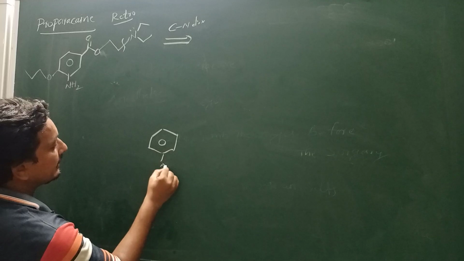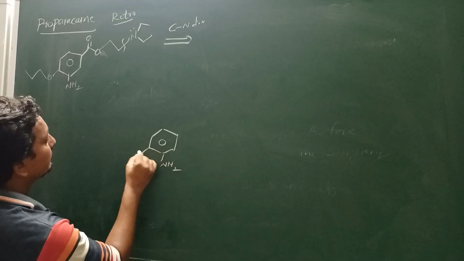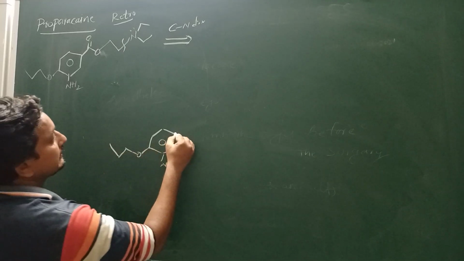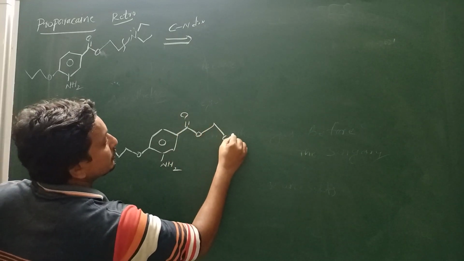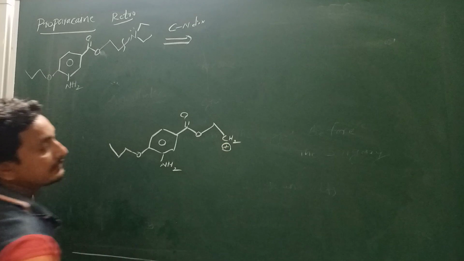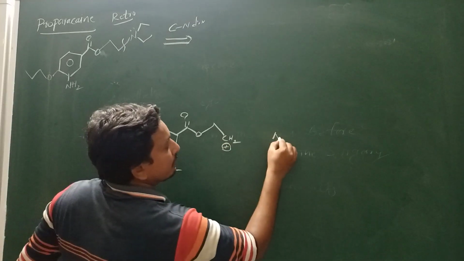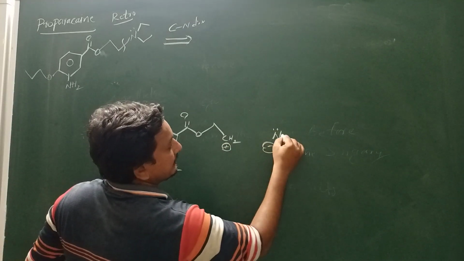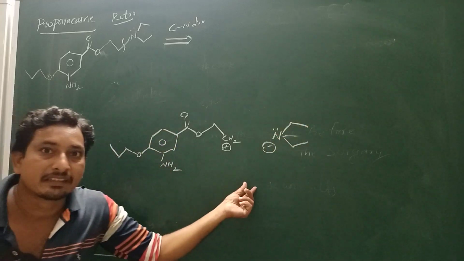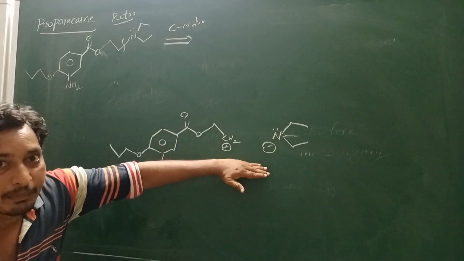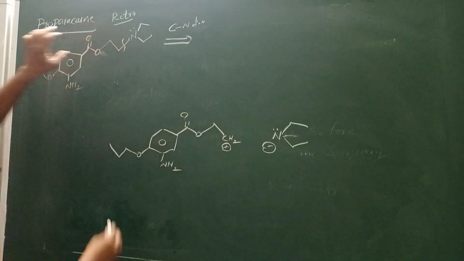as it is here: NH2 group, O, C double bond O, CH2 plus, and nitrogen minus, diethyl group. These are the synthons. These fragments are synthons of this target molecule.